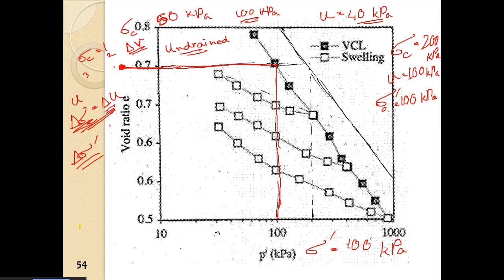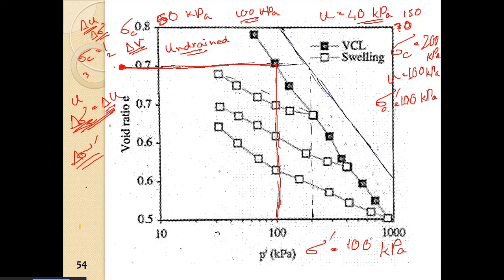So delta u will be less than delta sigma. At 100 kPa, it is 40 kPa. Similarly, if we reach 150 kPa, it will be around 70 kPa.